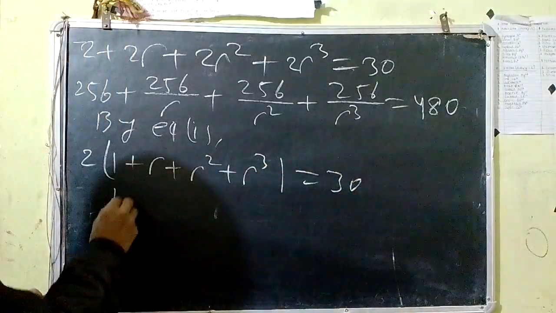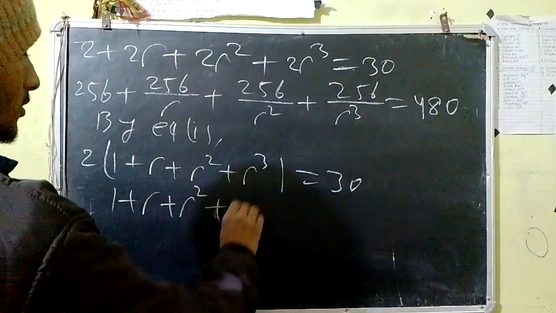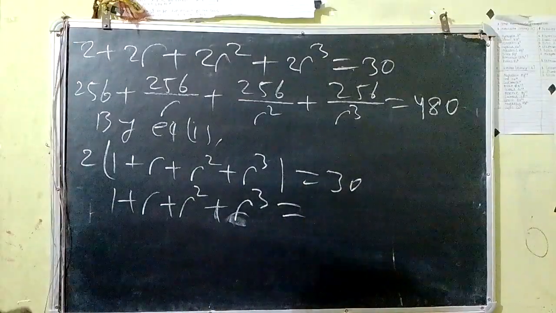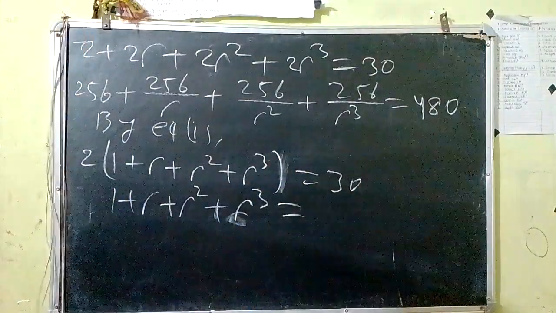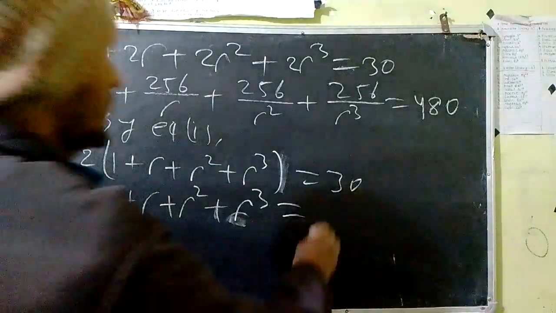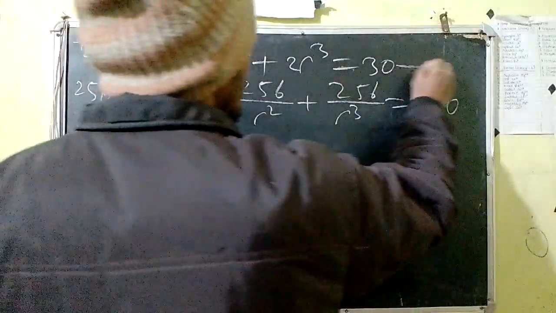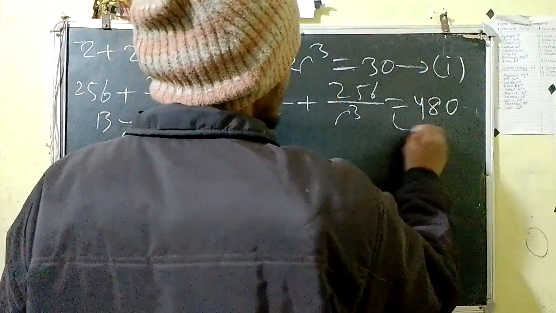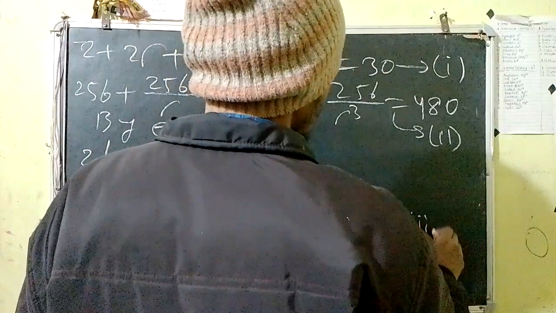Then 1 plus r plus r squared plus r cubed is going to be 15. Let's note this down as our equation 1, and the others as equation 2 and equation 3.